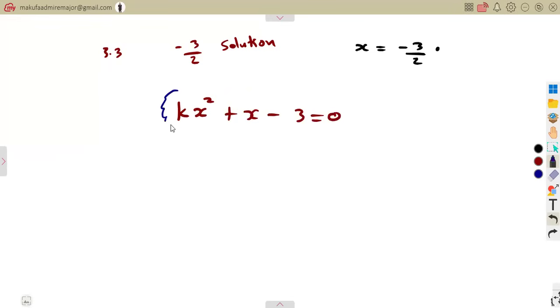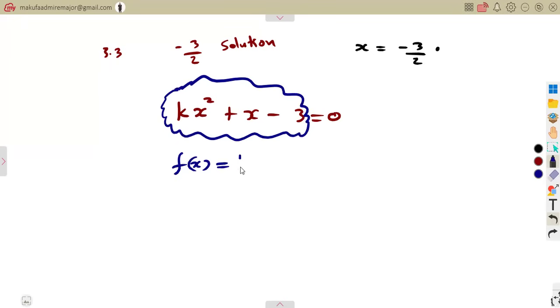This here, what does it represent? It is the same as your f of x from your normal functions. So using the factor theorem, there is no way a solution is taken from a factor. It was taken from a factor. For us to have this solution, it was taken from a factor.